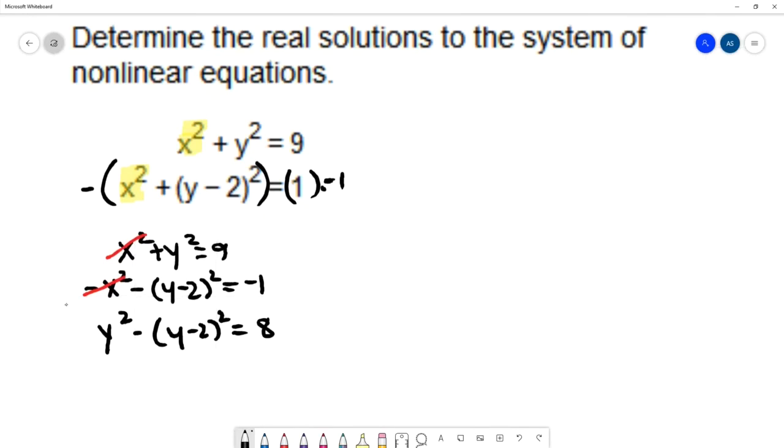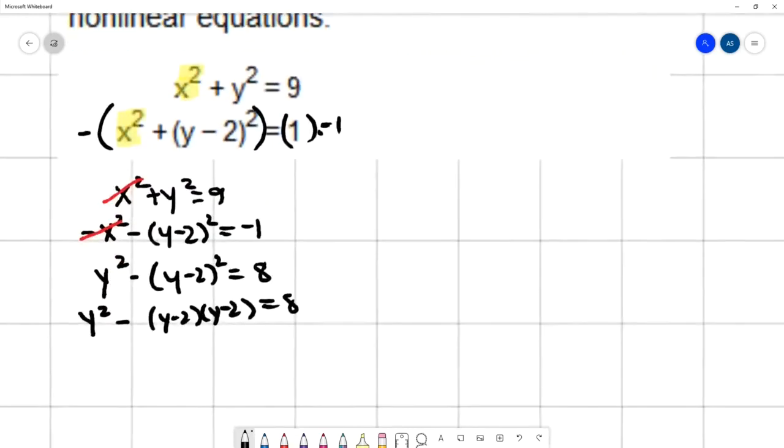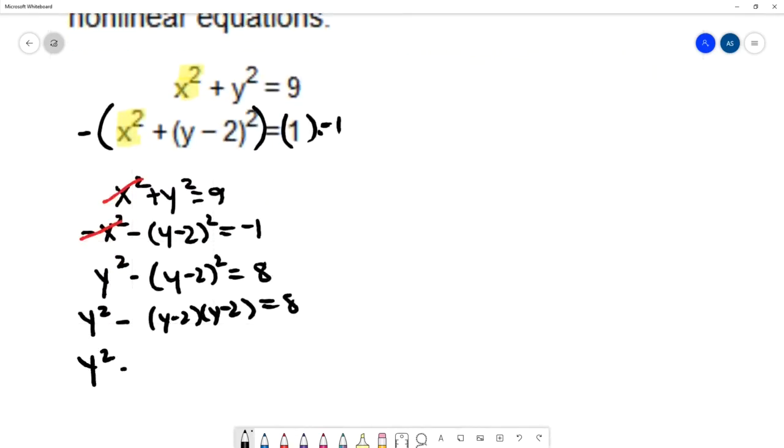So we've got y squared. Let's multiply out (y minus 2) squared. (y minus 2) times (y minus 2) equals 8. That's y squared minus y squared minus 2y plus 4 equals 8.